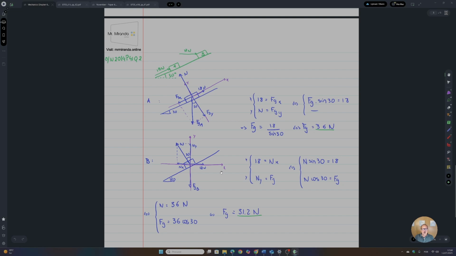All right? What if the 18 Newton force is applied like this? In that case, it would be simpler to represent the referential the way I did right now, because the x-axis would be on top of the 18 Newton force, the y-axis would be on top of the weight, meaning that you would only have the normal contact force to break down.